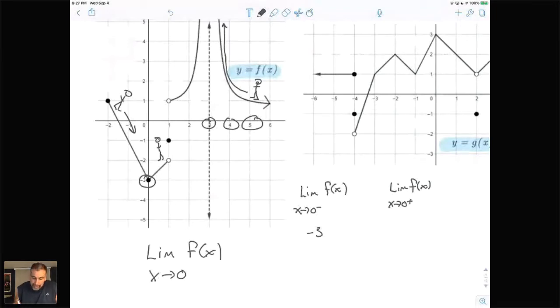As he does that, we're going to get the answer -3 as well. And that's like the magic moment, because what we now know is the left side and the right side are the same. As soon as you show these are equal, you can now come over here and talk about the overall limit, and you're allowed to say that this limit will be the same as the other two. Okay, so again, just working with this function, getting you to see it.